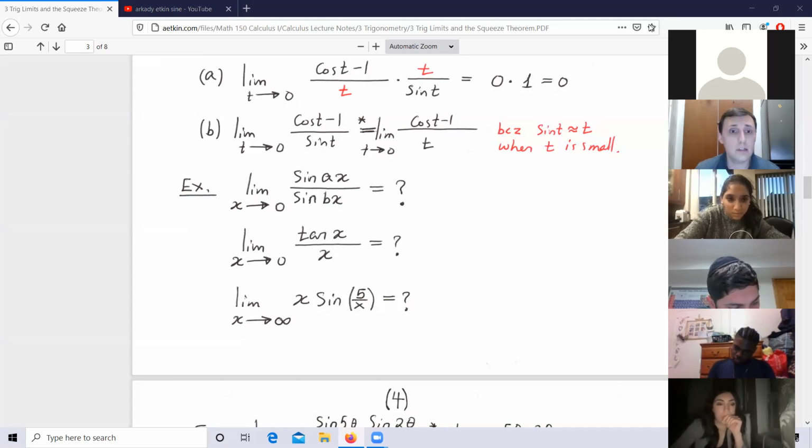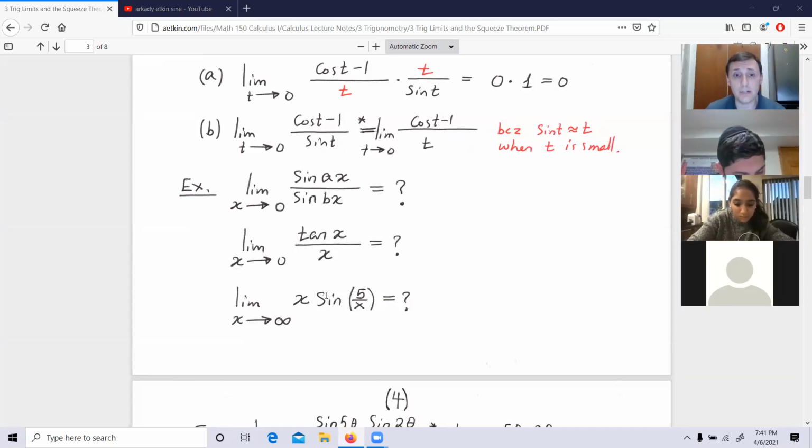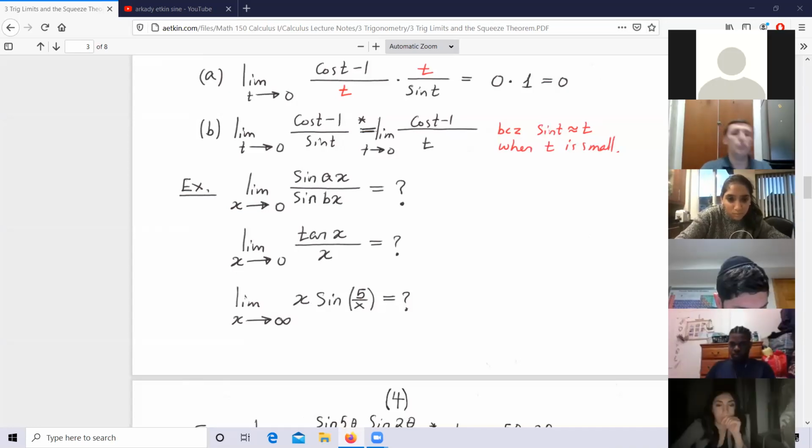So careful, look at this carefully. What is this thing, guys? Be careful before you conclude.